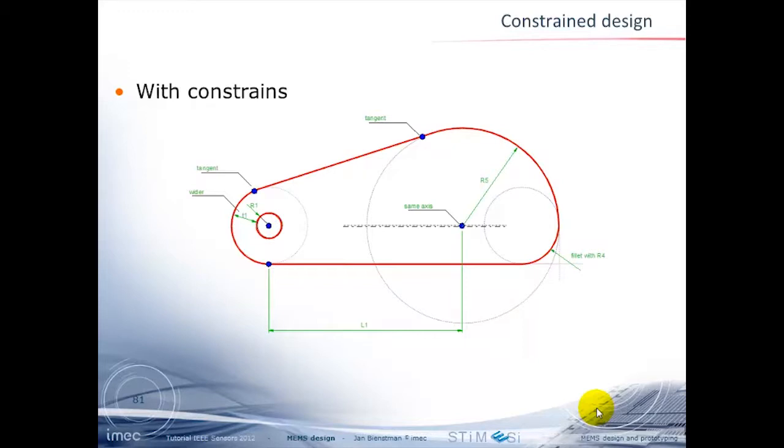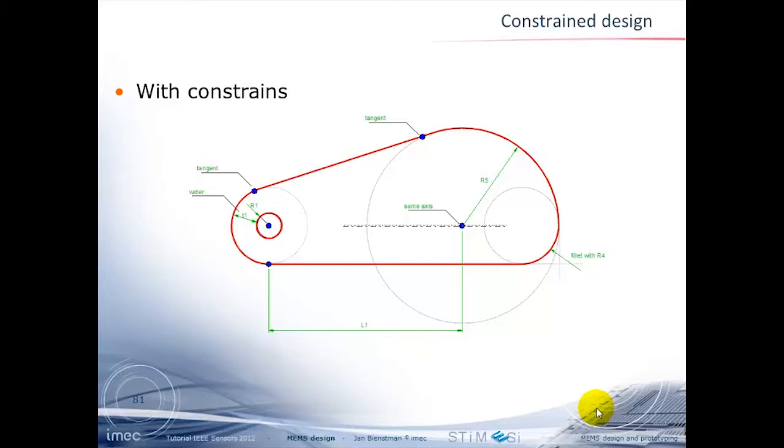In a constraint design, I do not care about the exact coordinates. I say to the program, for example, this is the other here, sometimes it's an exact radius, or sometimes it is important that I can say that it is so much wider than the other one, and you say this is on the same axis, and in this case I just say it's tangent.